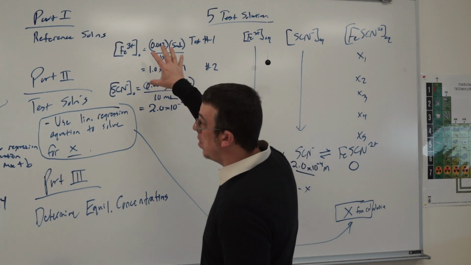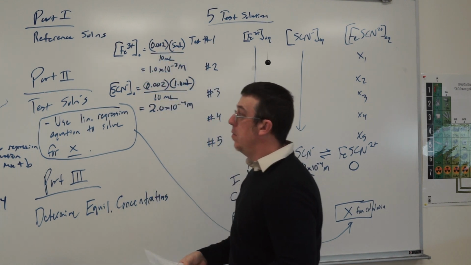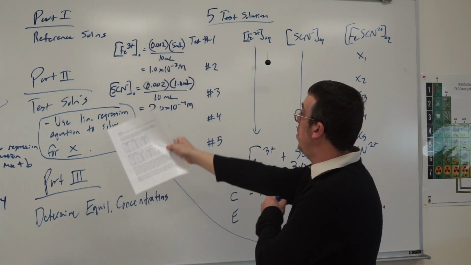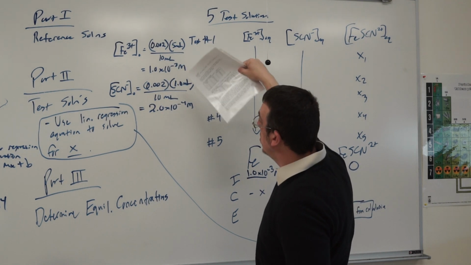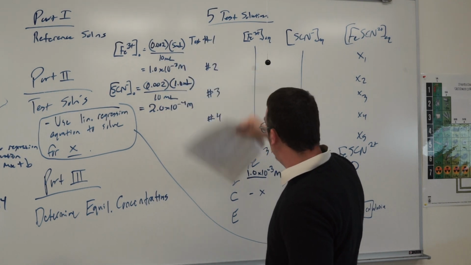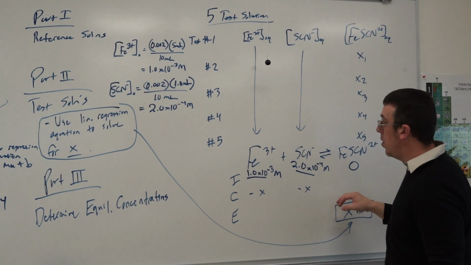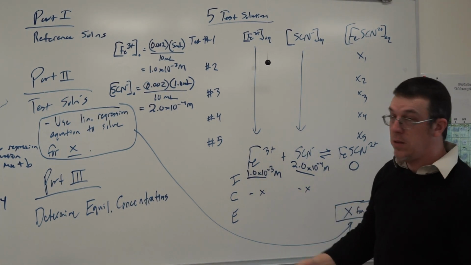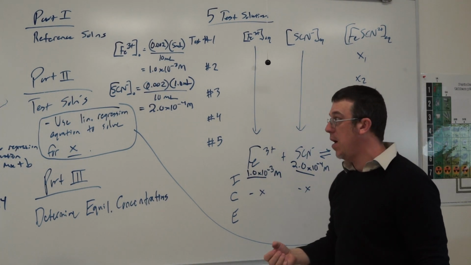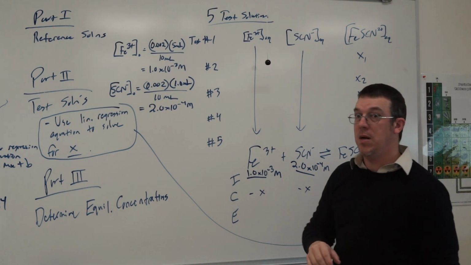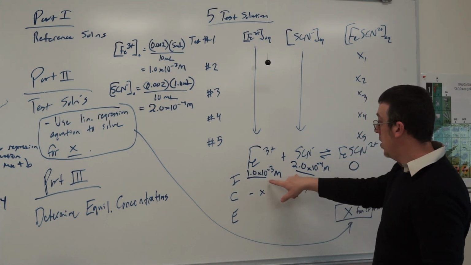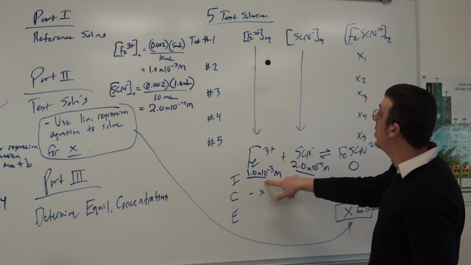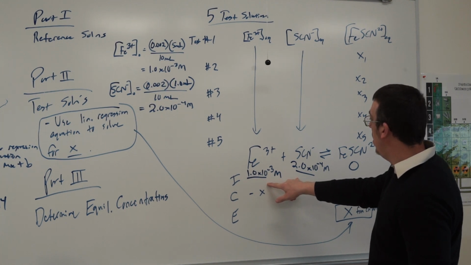So again, we go back to M1V1 equals M2V2 and solve for the initial concentrations of these two. Since you have 5 test solutions, you'll have to do this 5 different times, calculating the initial concentrations for these 2 here.